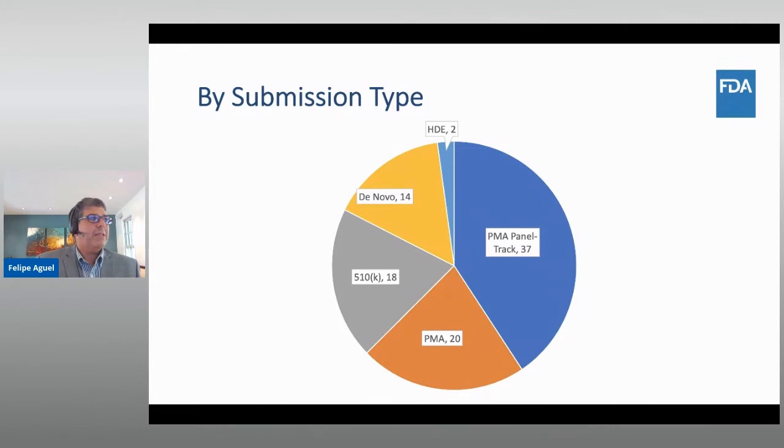So in the next 3 slides or so, I'm going to present some very simple graphs that give you an idea of how these are categorized here by submission type. And you can see that the most prevalent submission types represented in these examples are either PMAs or panel-track PMA supplements.